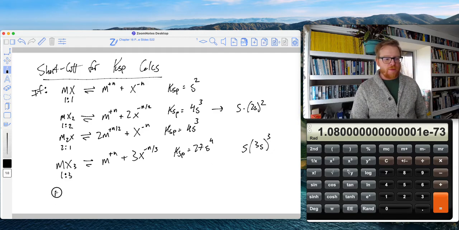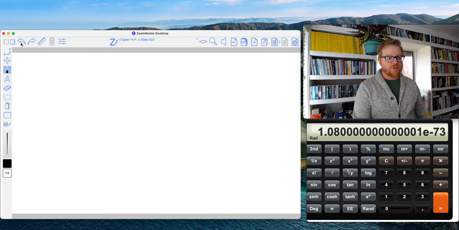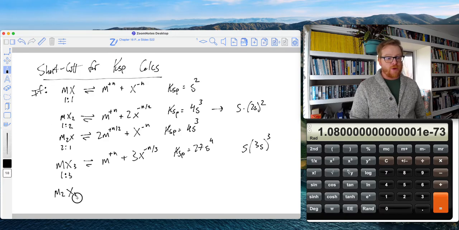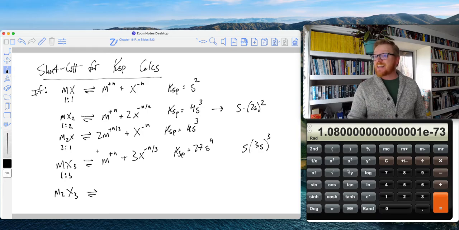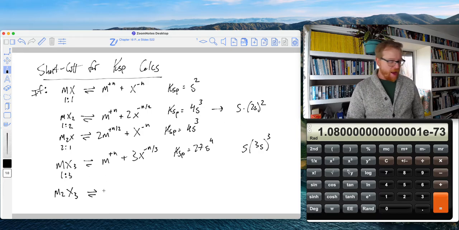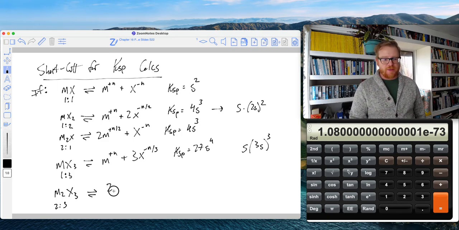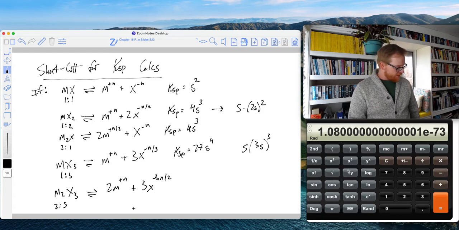The last one that I'll work out is M2X3, which we actually just did for the bismuth sulfide problem, a 2-to-3 solid or a 3-to-2 solid. I could write that as 2M plus n, and generically that's going to go 3X minus 3n divided by 2. Once again, don't worry about this so much.